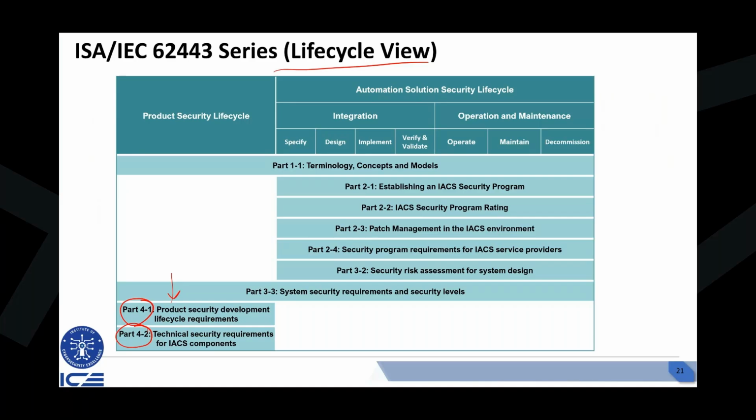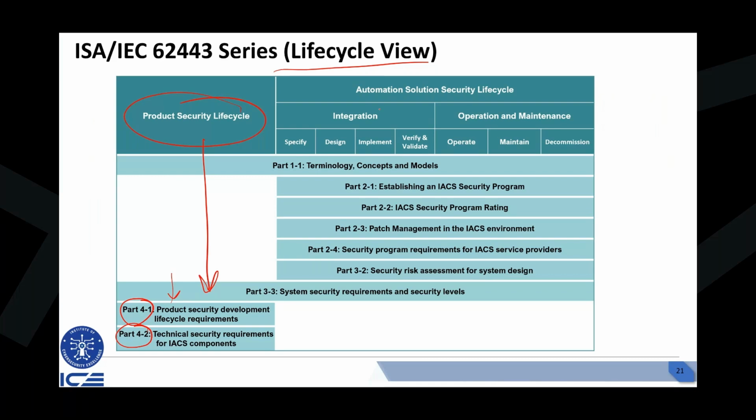So obviously, this is applicable to the product security lifecycle before the product comes to market, or even if it is already in the market. The OEMs are encouraged and more are focusing on getting their products certified to the relevant 62443 standard. And then within the life cycle, in the timeline, comes the integration.